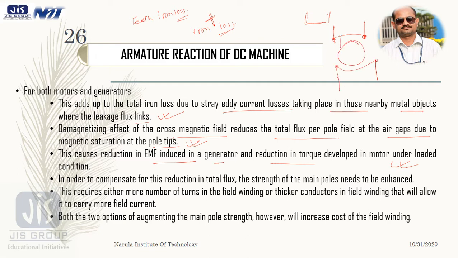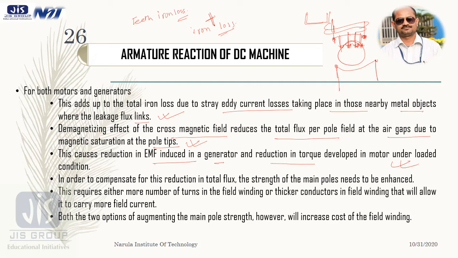So what will happen? The flux which is produced in this field winding and enters the armature perpendicularly from the pole shoe through the air gap is reduced, and this reduction of flux causes reduction in EMF in a generator and torque in a motor under loaded condition.